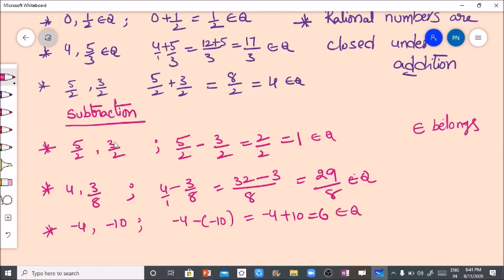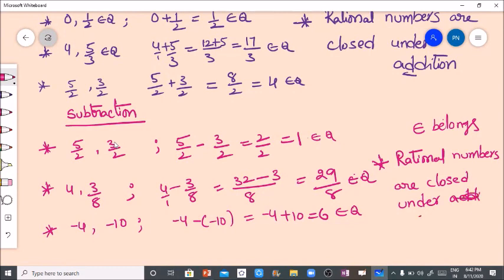So we can say that the rational numbers are closed under addition. Sorry, under subtraction. Here the basic operation is minus. Subtraction also satisfies. Good.